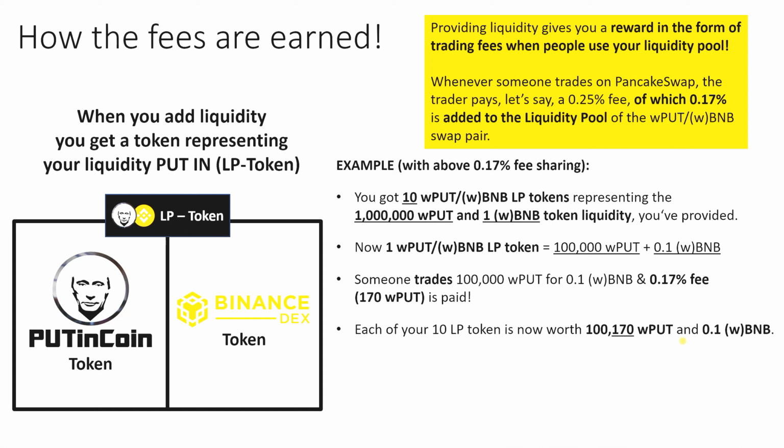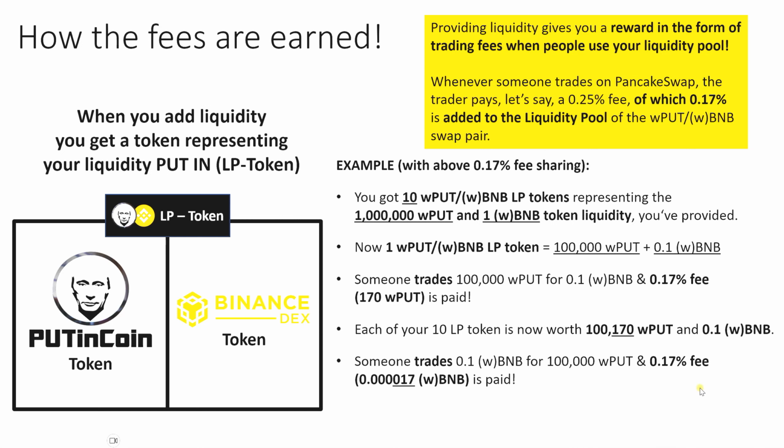Then each of your 10 LP tokens is now worth 100,170 WPUT and 0.1 WBNB. And we assume furthermore that now someone trades 0.1 WBNB for 100,000 WPUT, and again he pays a 0.17% fee, which in this case is 0.000017 WBNB.